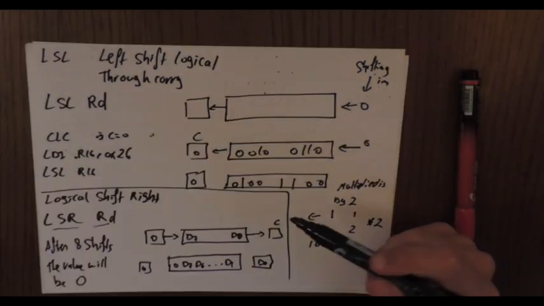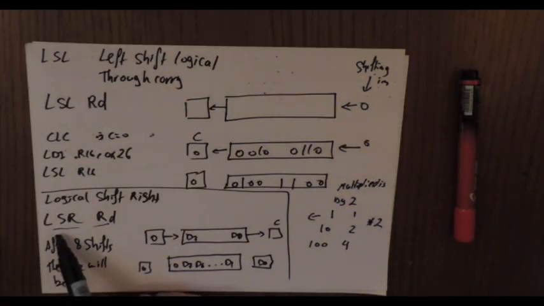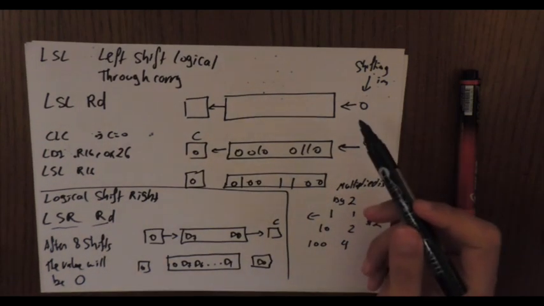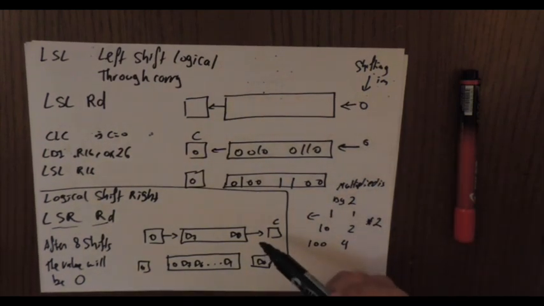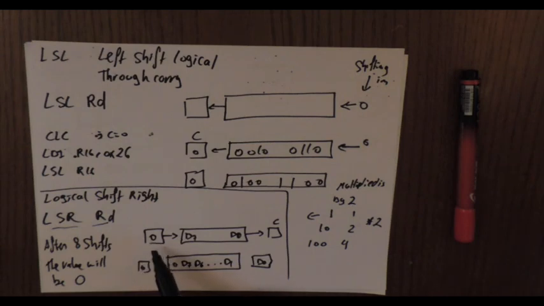Now in the case of logical shift right, it is the LSR instruction and it takes Rd. Same operation as shifting left, but in this case we are shifting zeros in from the left side going right. This means that the 0 will go before D7, D7 will be shifted right, D6 all the way to D1, and D0 will be in the carry.